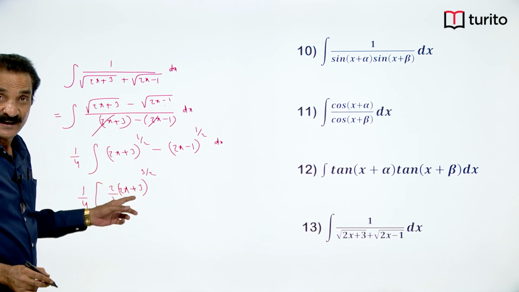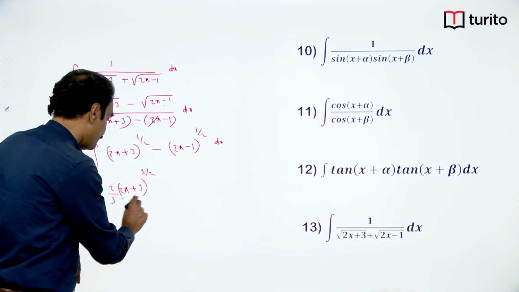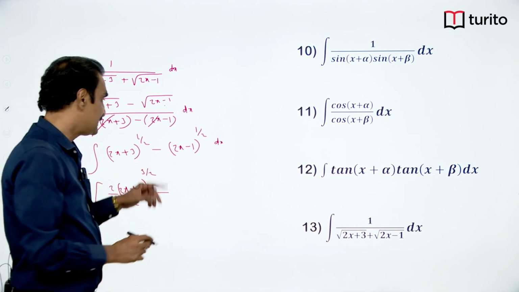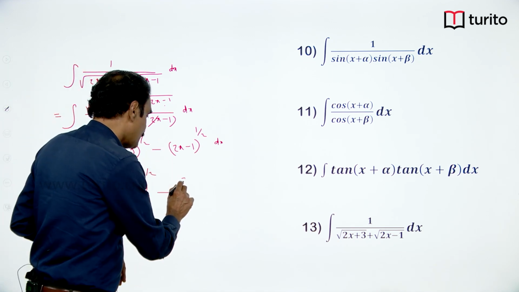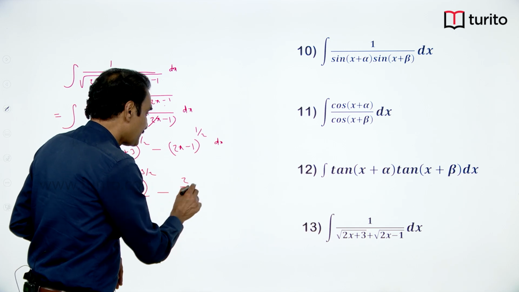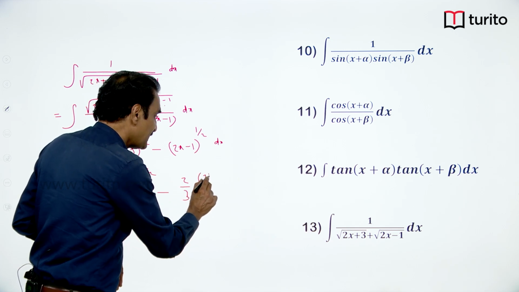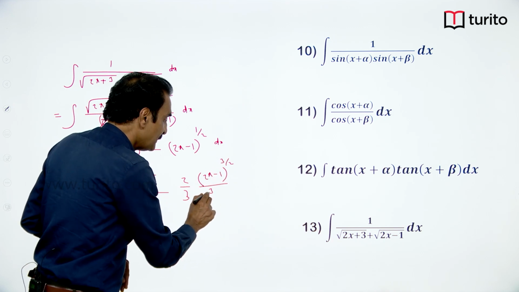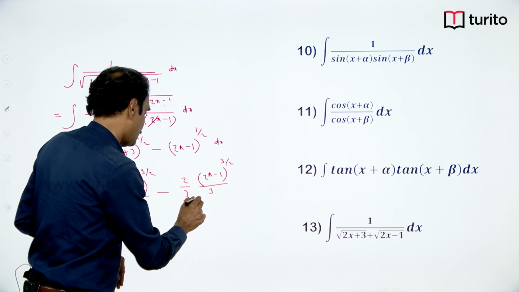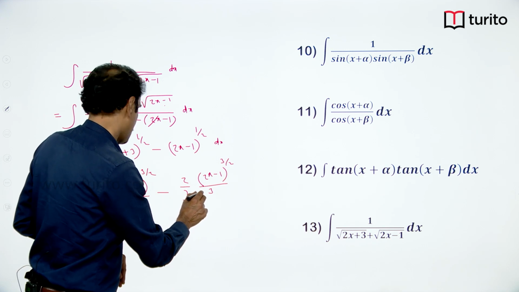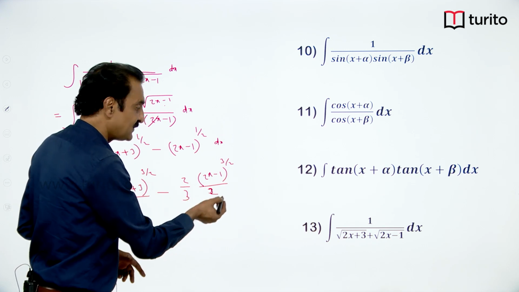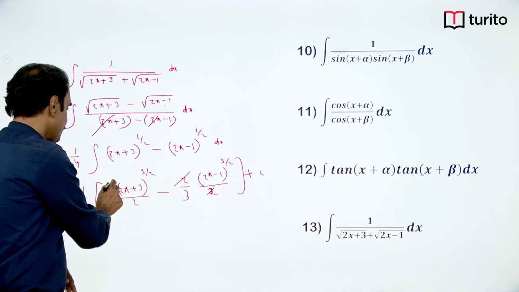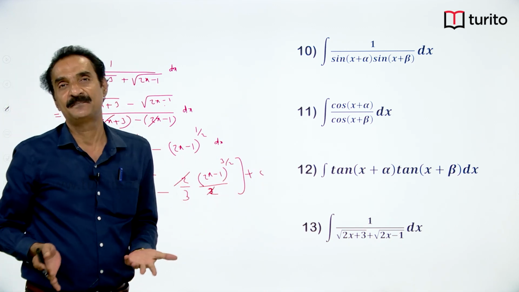Then we have to divide by the inner derivative 2, minus same, this is 2 by 3 into 2x minus 1 power 3 by 2 by the inner derivative of 2x minus 1, which is 2. 2 cancels, then simplify the remaining.